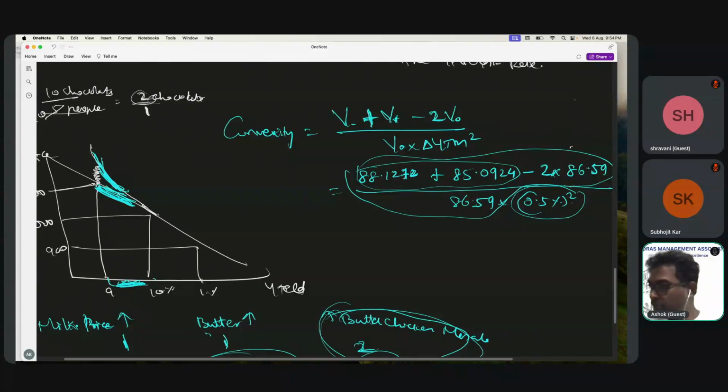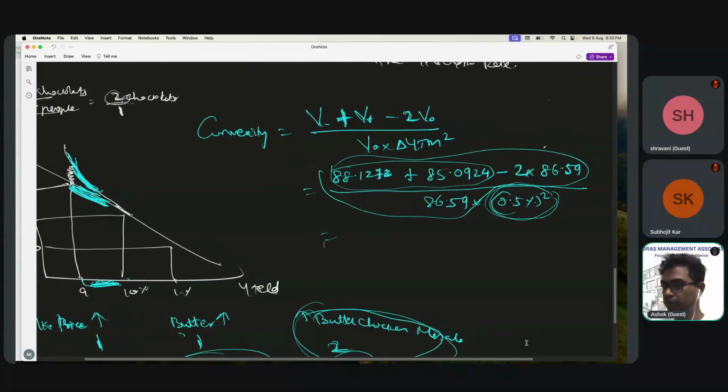That's why I'm squaring it, to represent that this is the second derivative. Square, 2 times changing 0.5 percentage. Now you calculate all this. I'm getting 18.2931. So this convexity value is 18.2931.